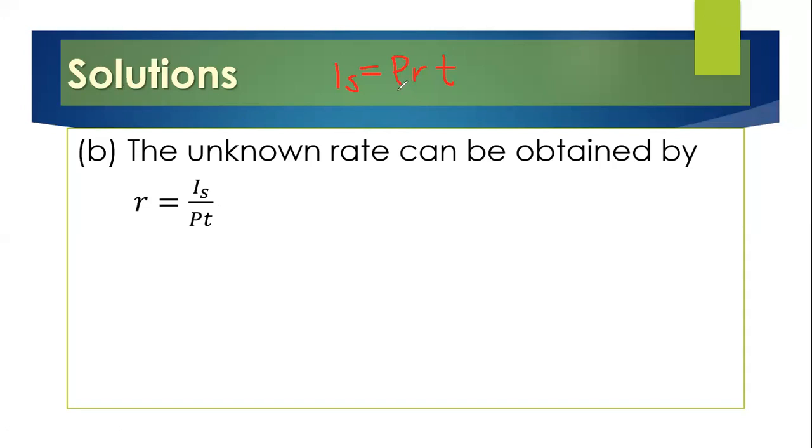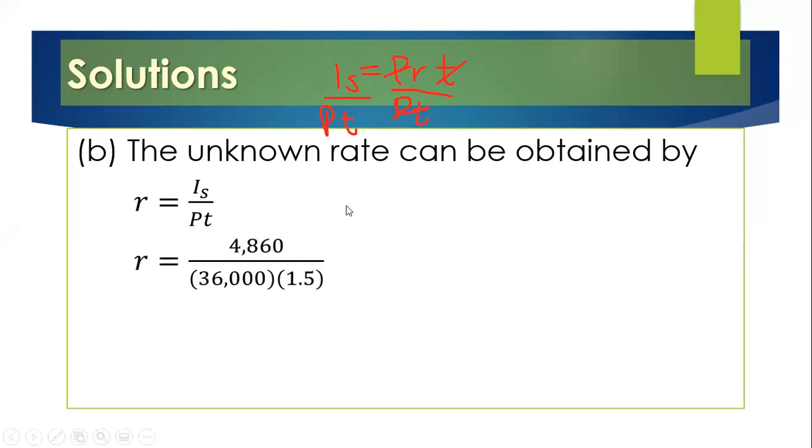So, pag nilipat kasi natin yan or dinivide natin sa PT para ang matira natin is yung R. So maka-cancel out yung P at saka T. So ang matitira dito sa kabilang side na equation is R na lang. So R is equal to I sub S over PT.